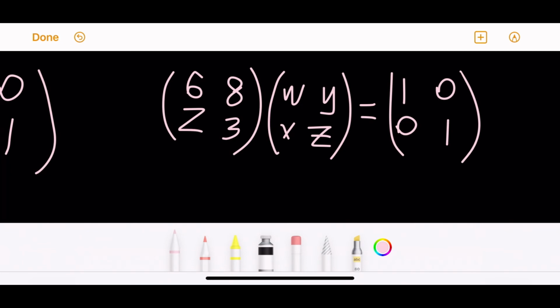So now we're going to use the first method, which is using simultaneous equation. Referring back to what we did with the multiplication of matrix, we said we would multiply this row by this column first for our first value. So 6 multiplied by w is 6w, and then 8 multiplied by x is 8x, and I'm going to add these two.